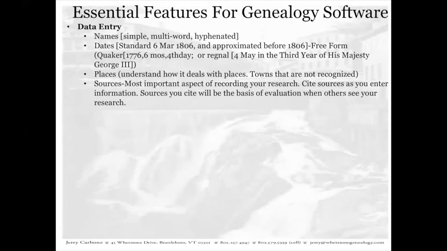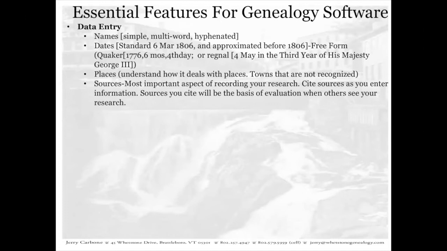So you can say something about before, after, or between dates. Free-form dates, there are Quaker dates that are expressed like 1776, 6 months, 4th day, which the program should understand, or regnal dates. These are older style dates, like the 4th of May in the 3rd year of His Majesty George III. So there are genealogy programs that should understand these dates when you put them in.